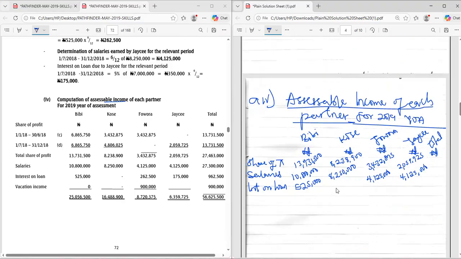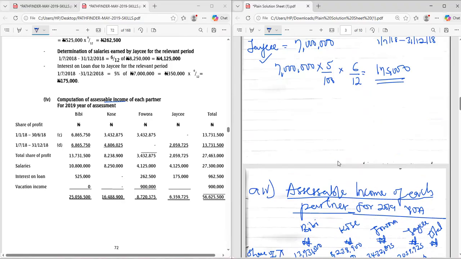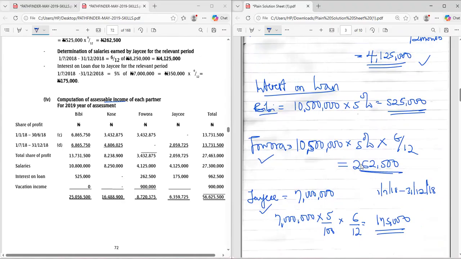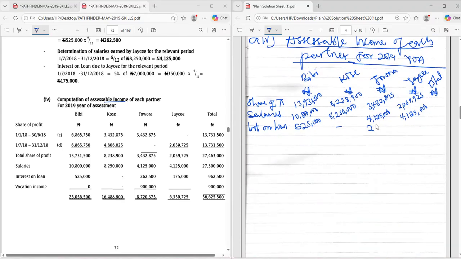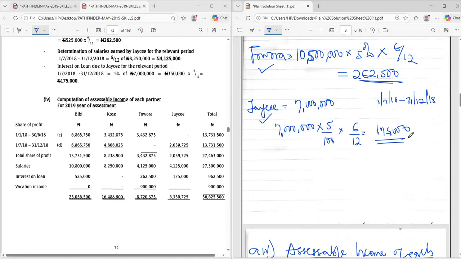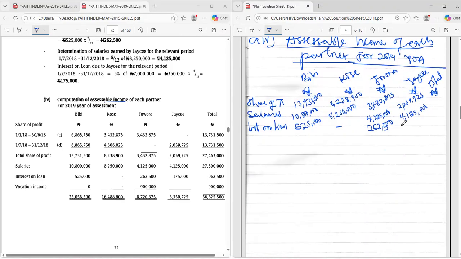Kosho did not give us loan. What about Powora? 262,500. Then for the last guy, for JC, 175,000. Very simple.